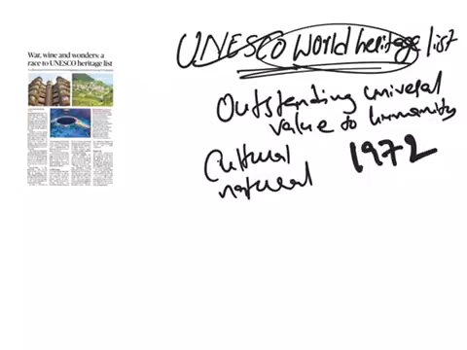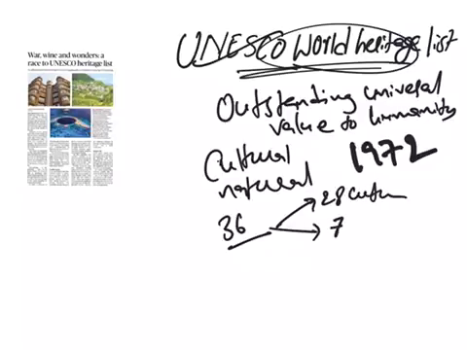India, which has been part of this since 1977, now has 36 sites, out of which 28 are cultural heritage sites, 7 are natural sites and 1 is a mixed heritage site.